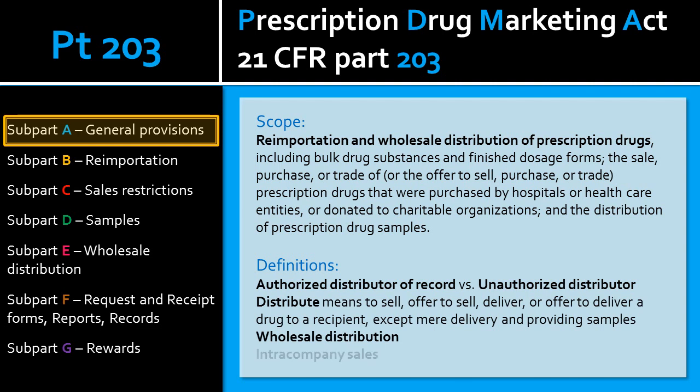To distribute means to sell, offer to sell, deliver, or offer to deliver a drug to a recipient. The term is distinct from mere delivery of a drug by a common carrier in the usual course of business to a practitioner or healthcare professional acting under supervision of a practitioner or a pharmacist.